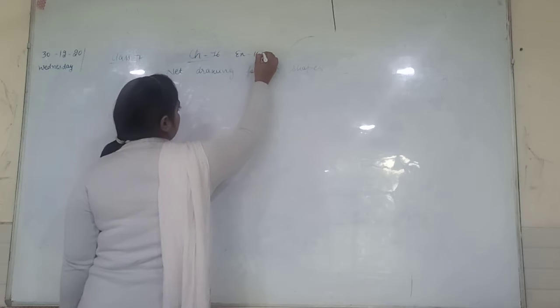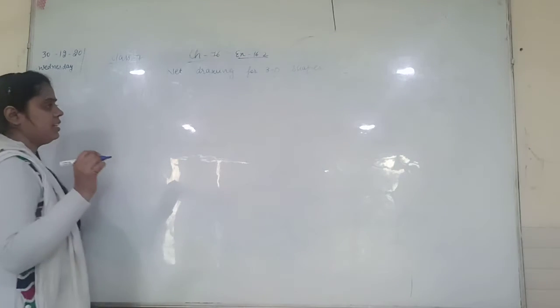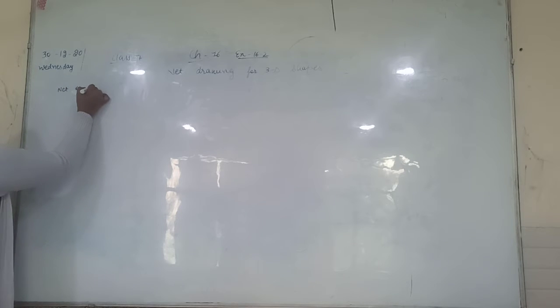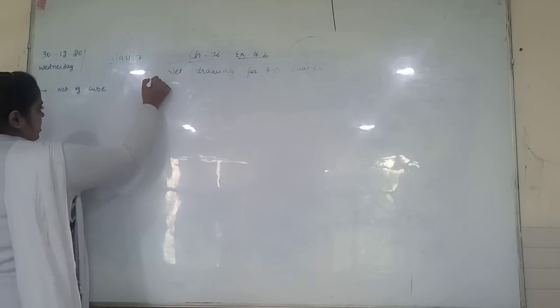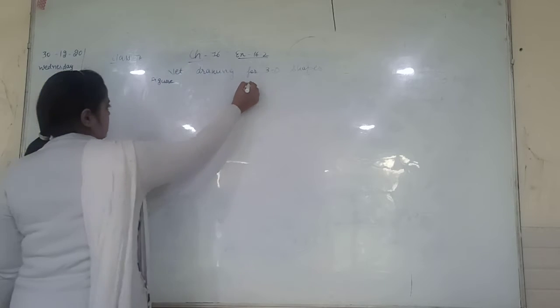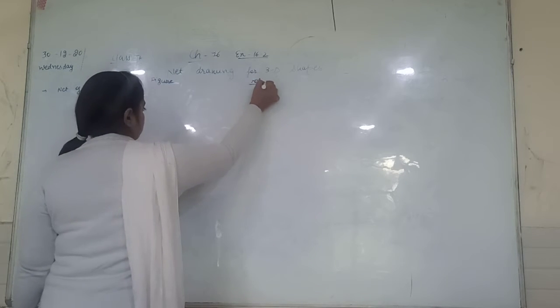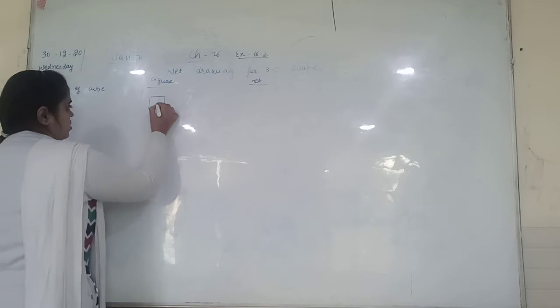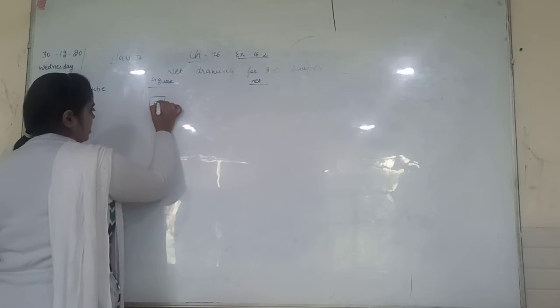So see here. First net is net of cube. On this side I am drawing the figure of the cube, and on this side I will draw its net. Figure of cube, you know. You can say cube is a mixture of squares because all sides are equal here.